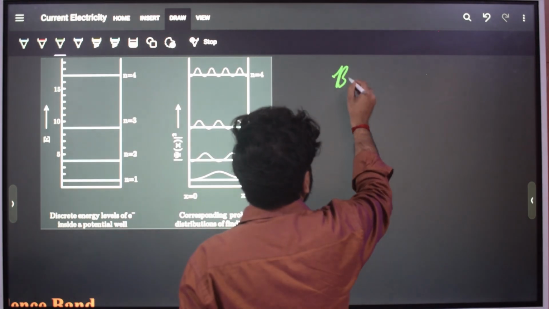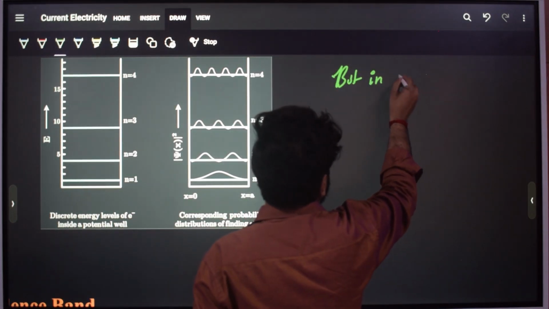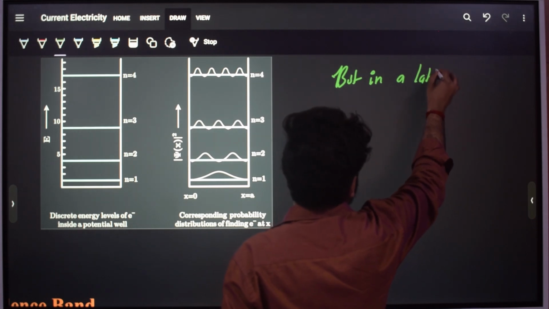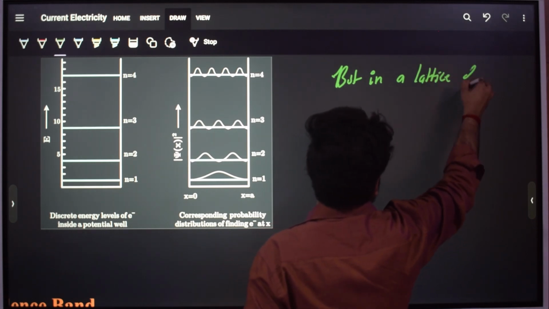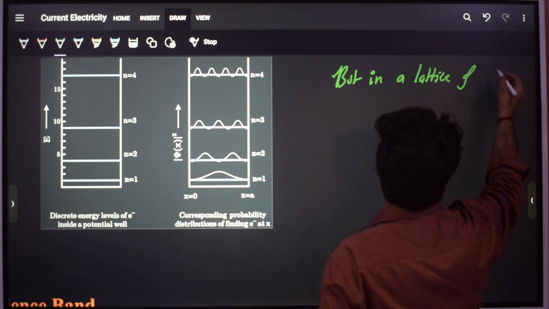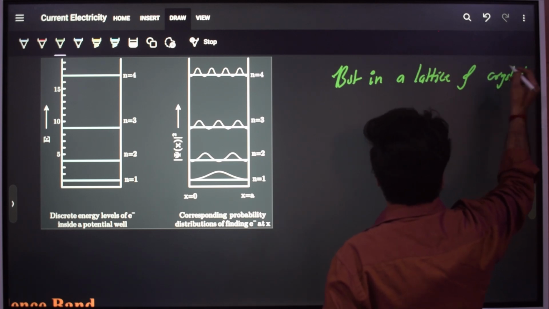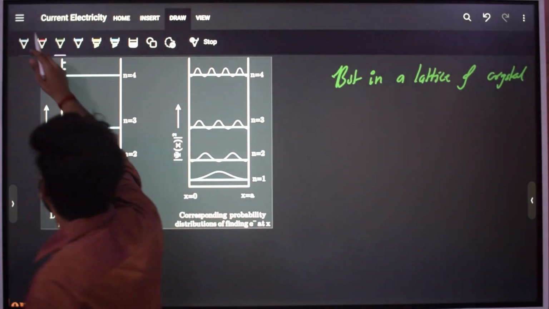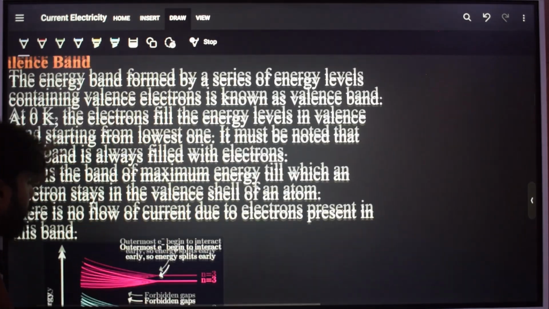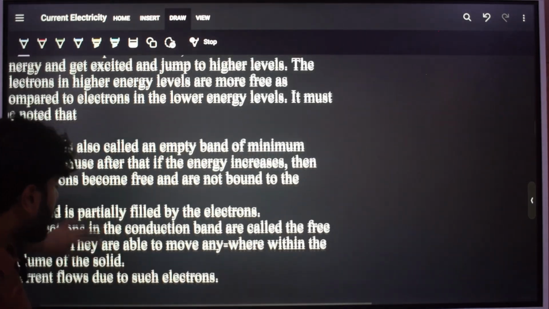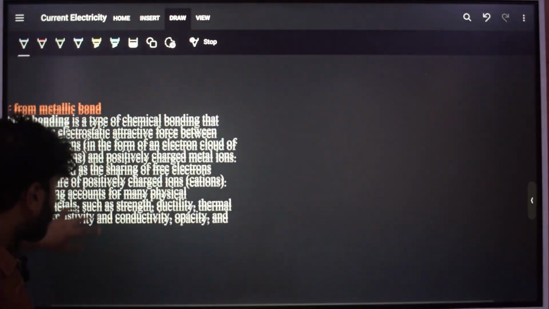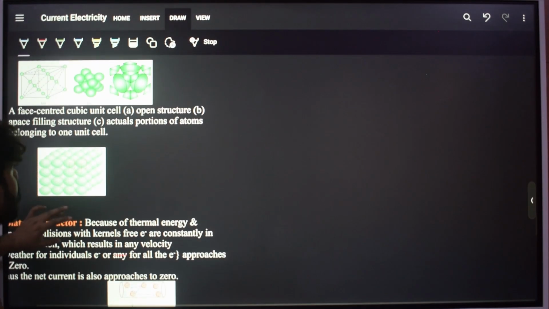But in a lattice of a crystal, where there are multiple atoms, what will we have? First I will show you what a lattice is.